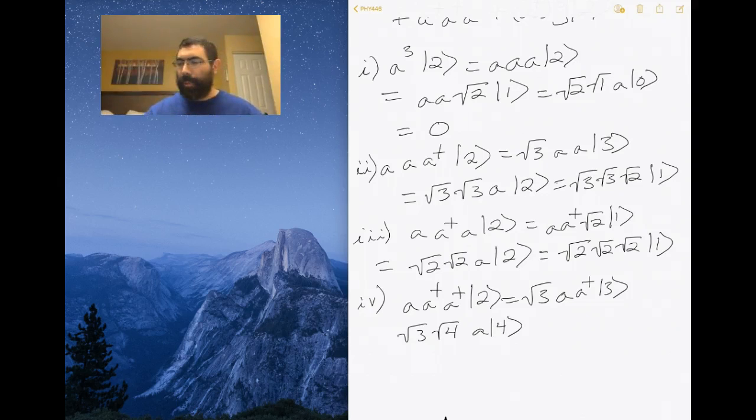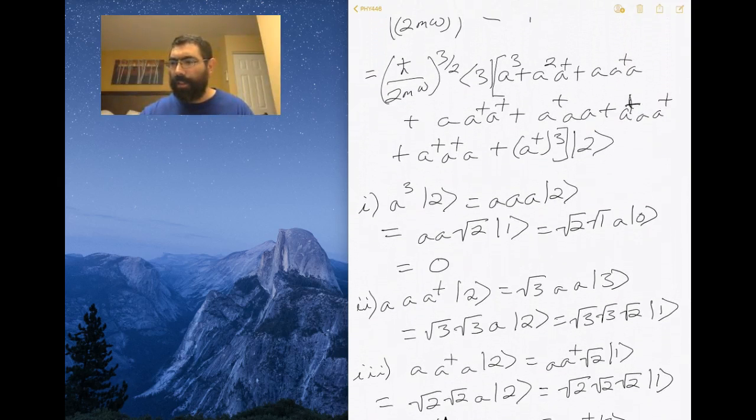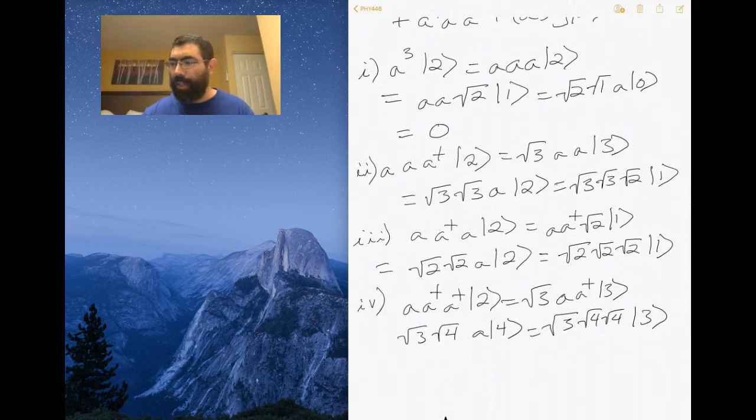And then a lowers it back to the third state. So we get the square root of 3, square root of 4, square root of 4 to the third state. At this point, what I should be aware of is the fact that we're eventually going to make a product with the state 3.